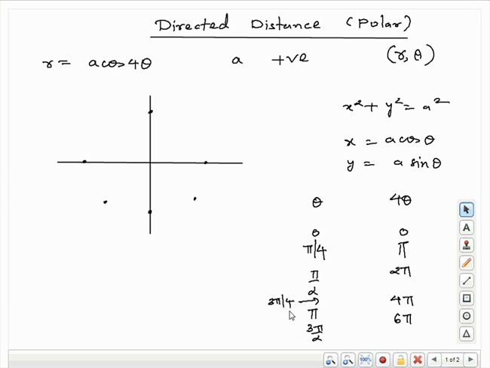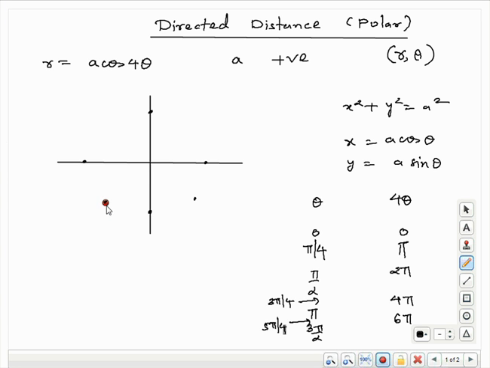After 3 pi by 4, then pi. How about 5 pi by 4? 5 pi by 4 means cos of 5 pi. Again minus 1. Now 5 pi by 4 may look like this point, but it is not correct, because r is coming out to be minus a.